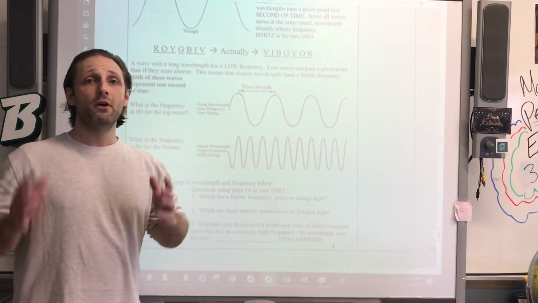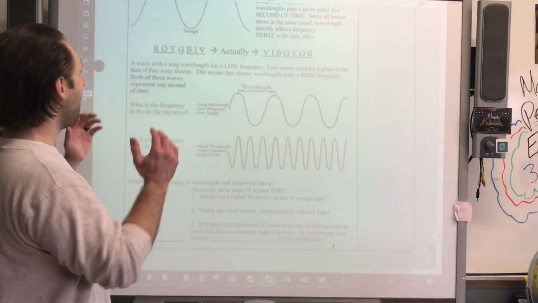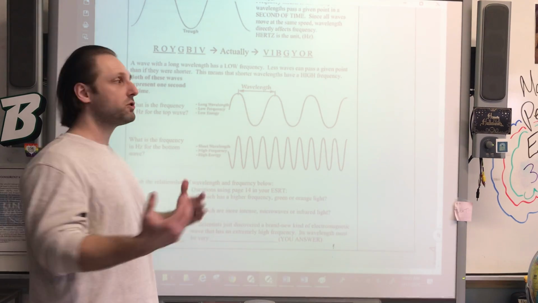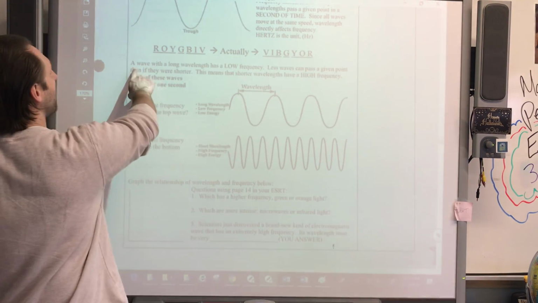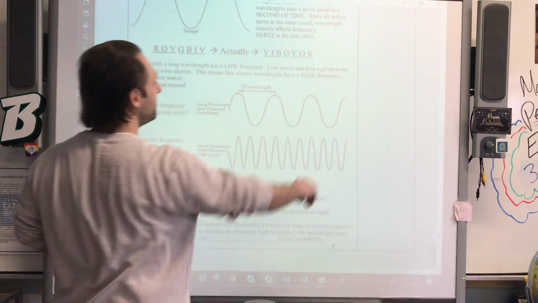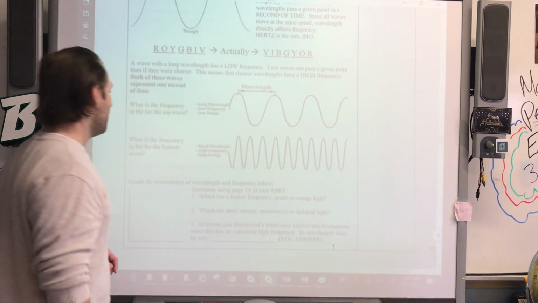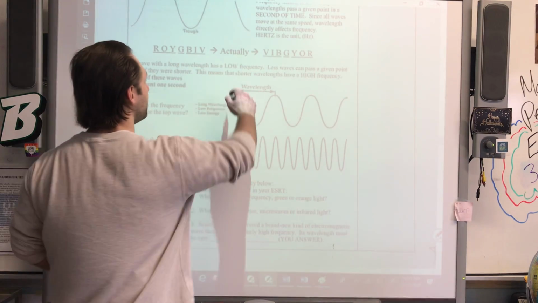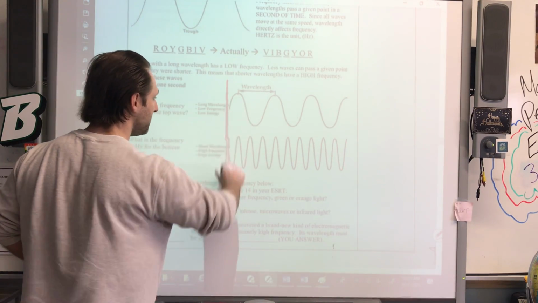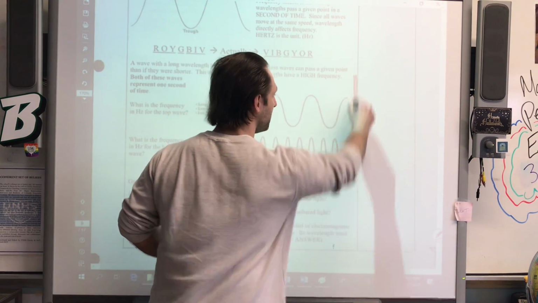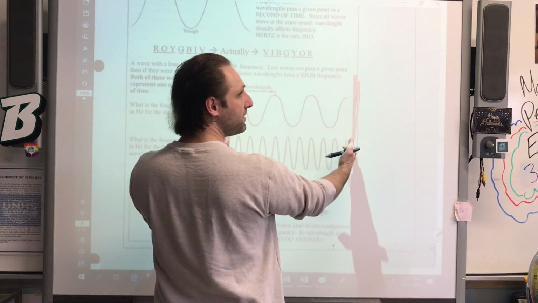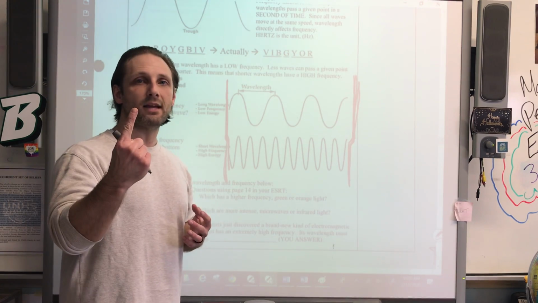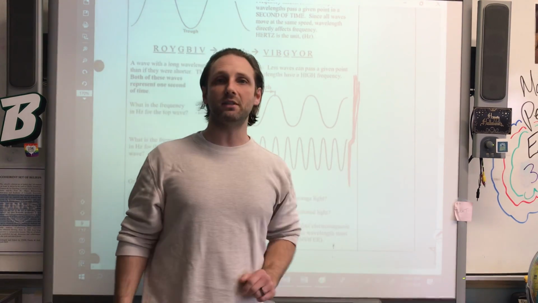In terms of frequencies of light, we have to talk about how we measure or give hertz to light. So here we've got a low frequency, here we have a high frequency. The way I'm going to discuss this is that from here to here, I'm going to say that it takes light 1 second in this example to pass through this distance.